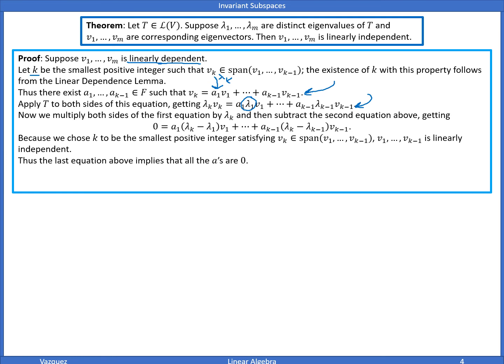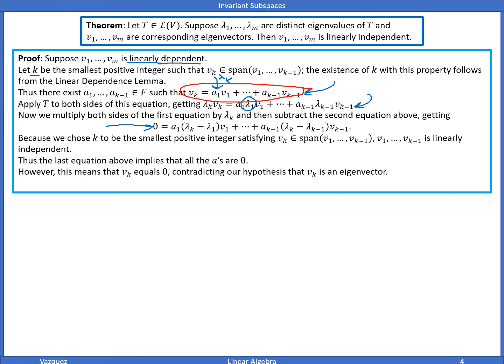Well, then the equation above, this last equation here, implies, because they are linearly independent, and by definition, that all a's are equal to 0. Well, then that would mean that vk is equal to 0, from our first equation up here.